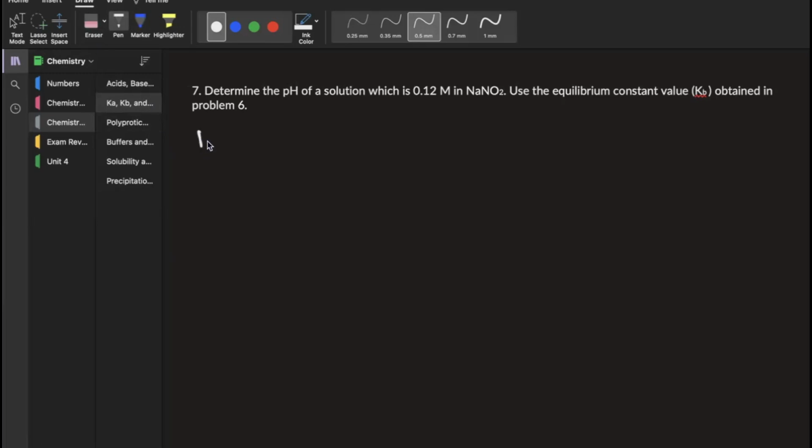So NaNO2 gives us Na plus and NO2 minus.